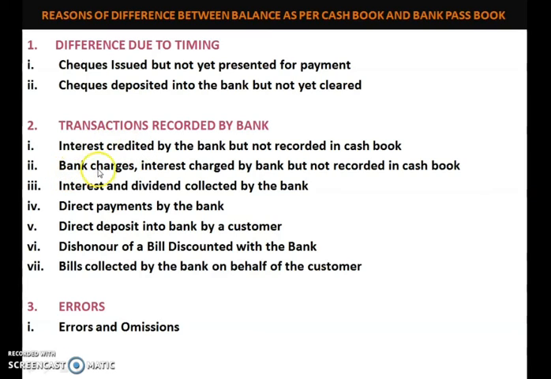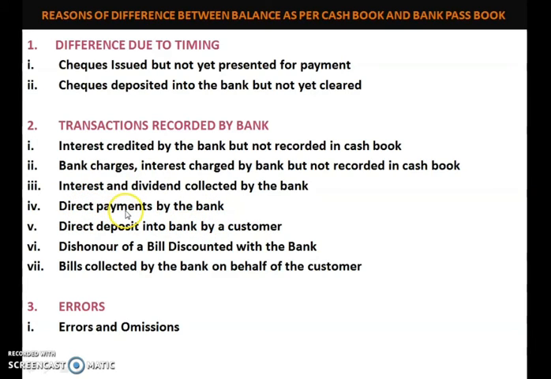The same is the case with bank charges, interest charged by the bank but not recorded in the cash book, and interest and dividend collected by the bank. These are expenses which the bank will charge to us, like bank charges, and direct payments by the bank.